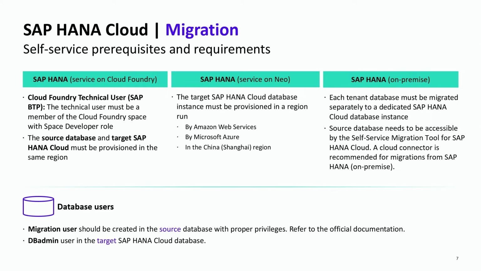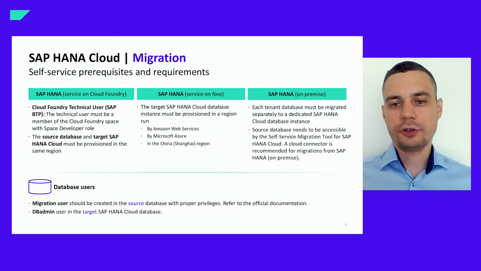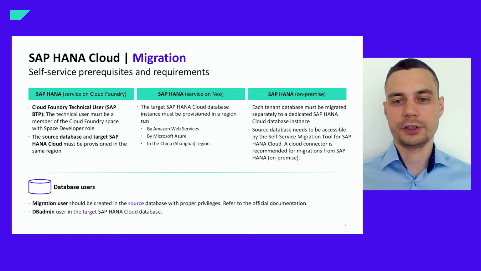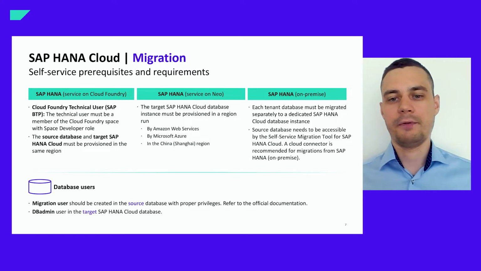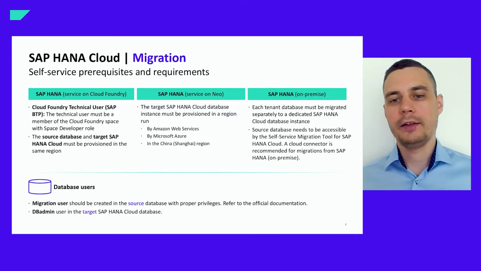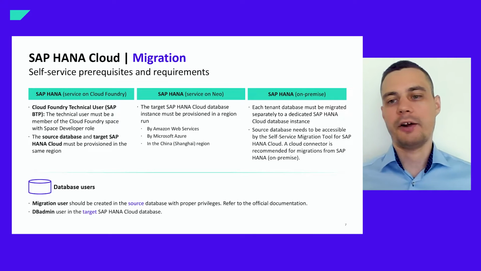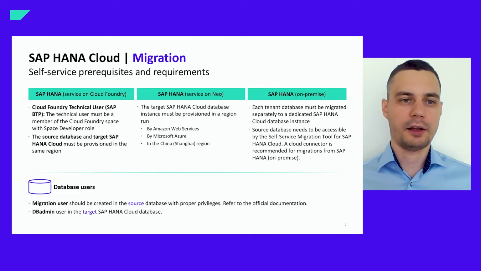Once the connection is established, the migration from SAP HANA on-premise to SAP HANA Cloud can be performed. With regards to users, the migration user needs to be created on the source system, and it should have proper privileges. It is described in the official documentation. And DB admin user credentials are required on the target SAP HANA Cloud side. The full list of prerequisites can be found in the official documentation.